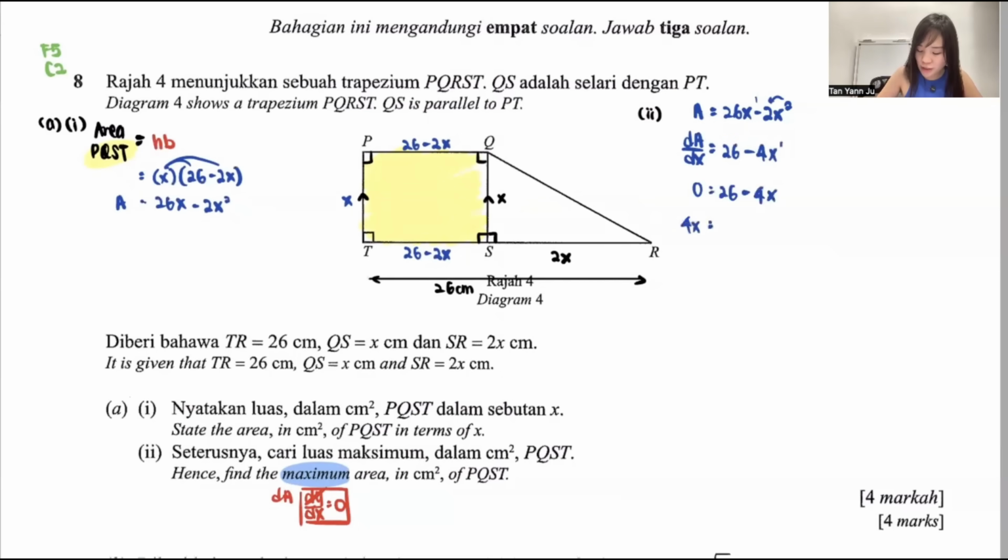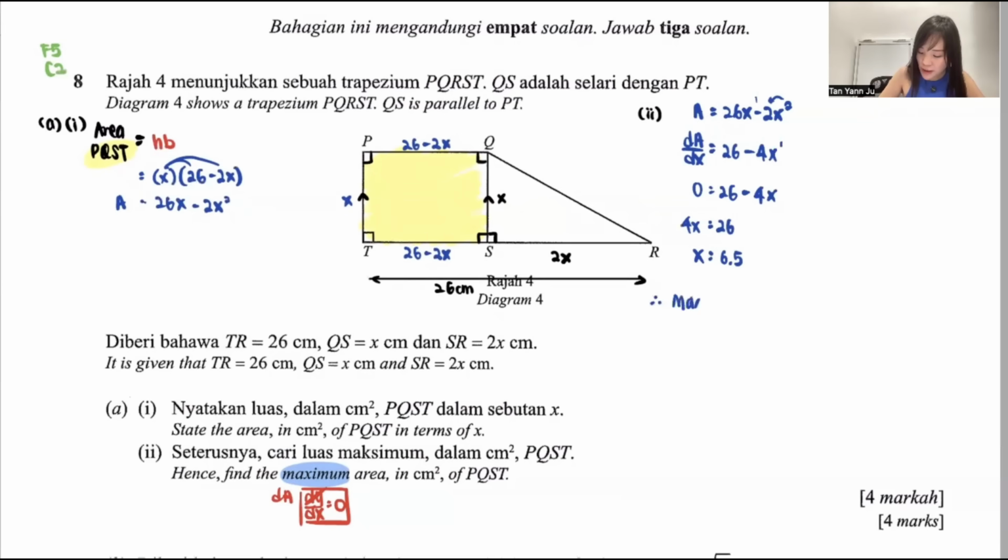So minus 4x, move it over, plus 4x. Times 4, move it over, divide by 4. Are you guys getting your x value? 6.5. Yeah. I get full marks? No. Why not? Because the question says find the maximum area, boss. They are not asking you to find the maximum x, okay? So after you guys getting the x, want to find area? Substitute. So guys, you want to find the area?